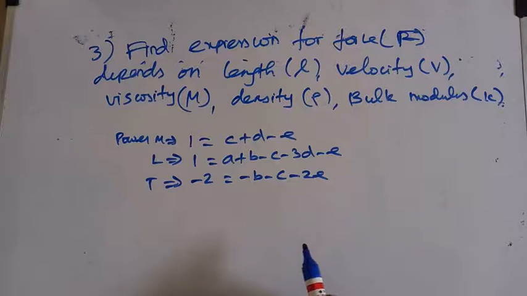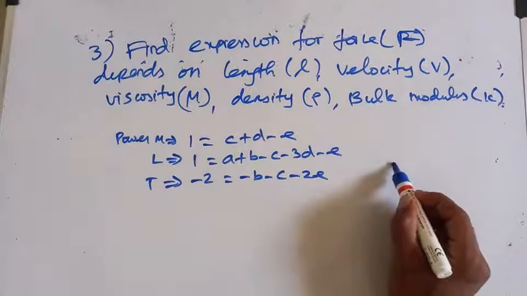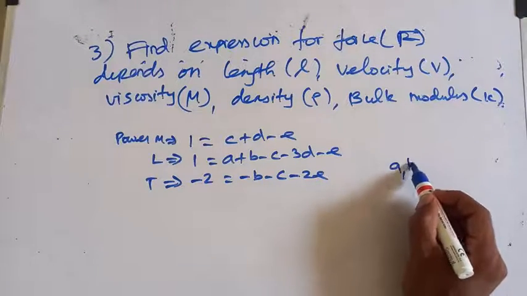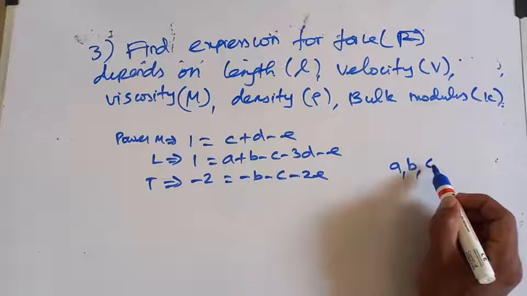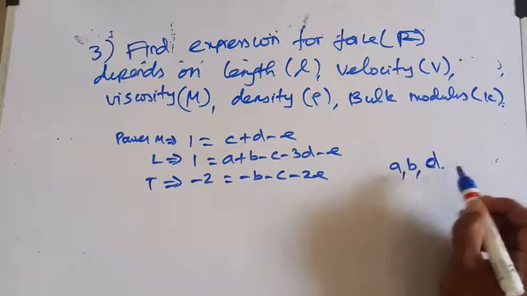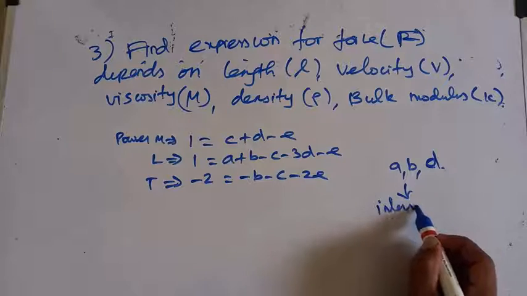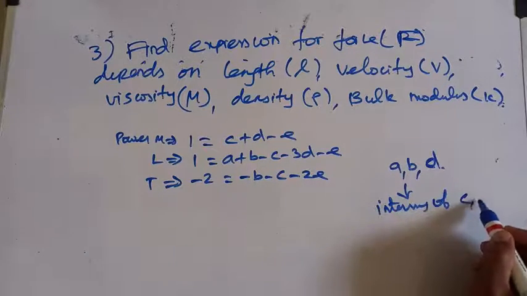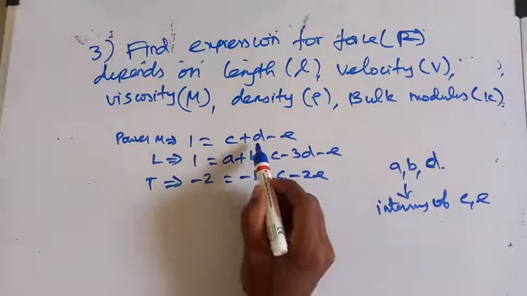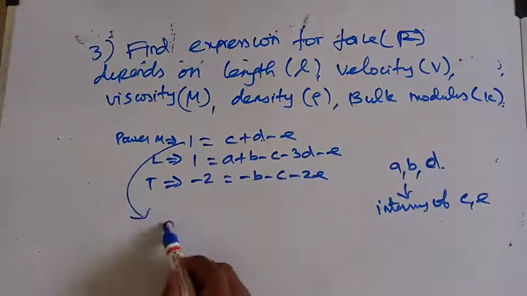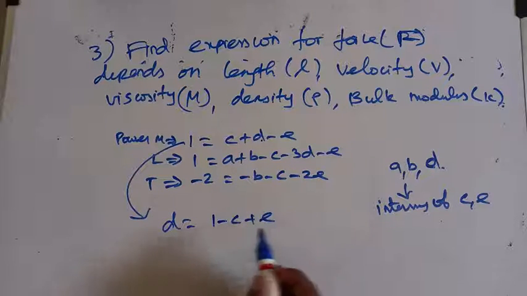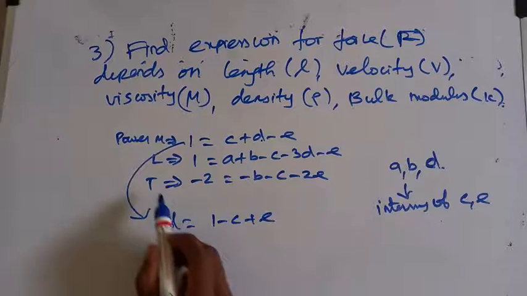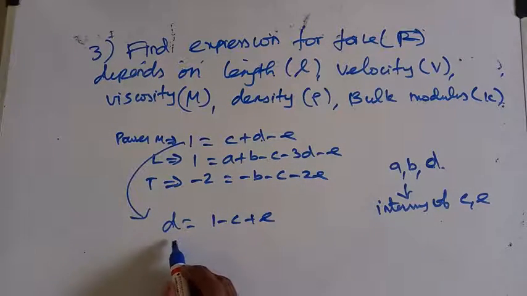For selecting that, we can take any unknowns. Here we are converting a, b, d in terms of c, e for simplification. For example, from this equation I am writing d is equal to 1 minus c plus e.